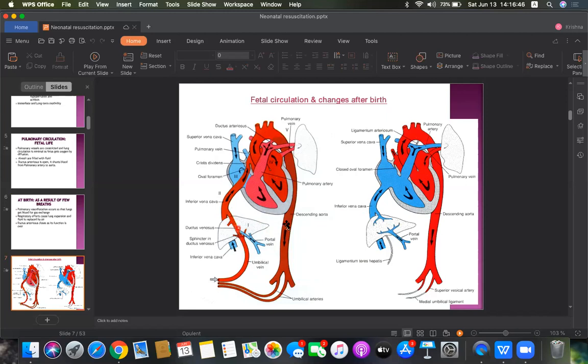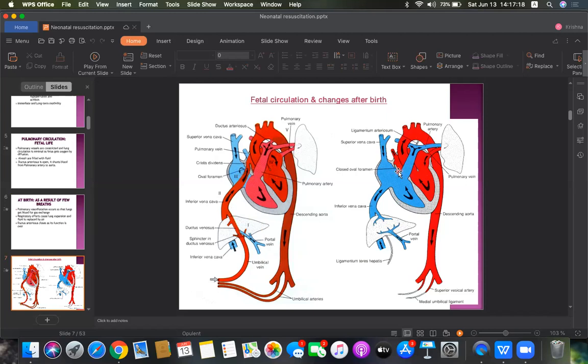Now after birth, I cannot see this ductus venosus. The ductus venosus has disappeared. It is converted into the ligamentum venosum after birth, and that ligamentum venosum is attached to the portal vein near the porta hepatis. Another important structure is the foramen ovale, which is present in the interatrial septum between the right atrium and the left atrium.